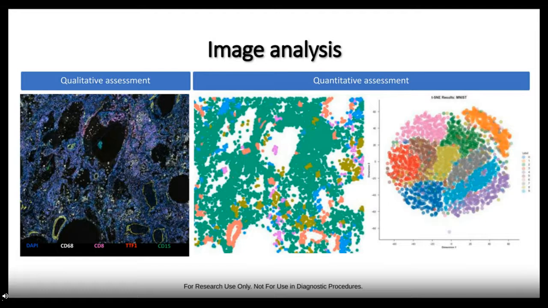We used a range of image analysis techniques to study the data. We've used conventional qualitative assessment by pathologists looking at the tissue under the microscope, and here you can see a high-plex image produced on the Akoya Vectra system. And on the right here, we're looking at machine learning-based approaches which look at the data and identify patterns using complex learning algorithms such as t-SNE.